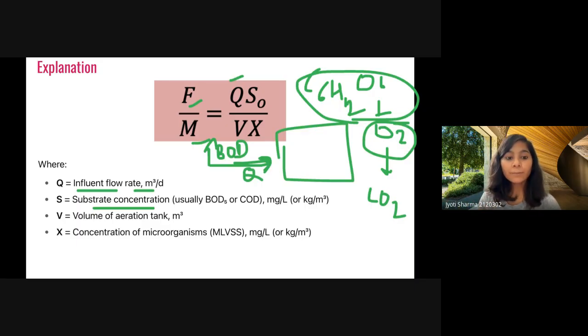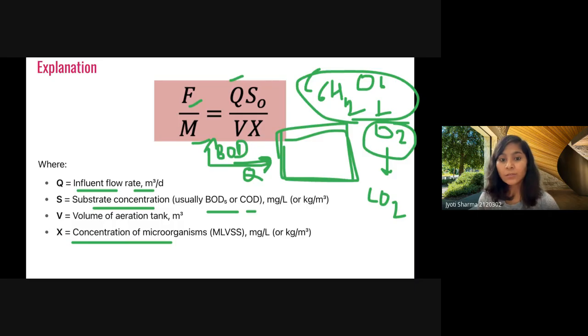So this is your substrate concentration, usually in BOD or COD. Then V is the volume of your aeration tank, and X is the concentration of microorganisms, so how much microorganism we have in the aeration tank. Just remember, F/M = Q S0 / V X.